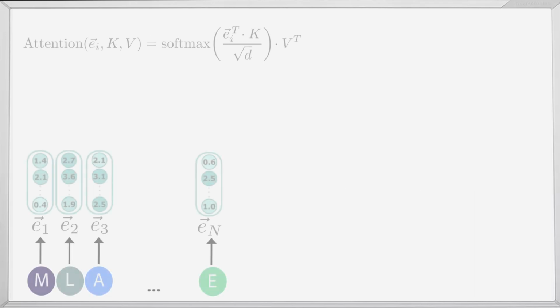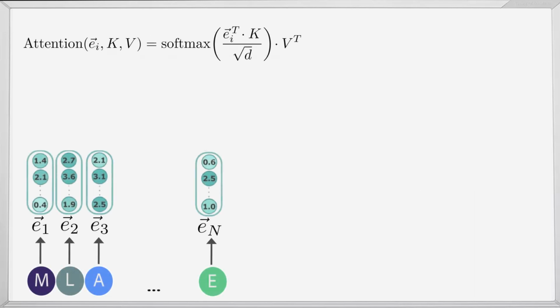You see again the definition for updating embedding vector Ei using the attention function. The input of this function is the vector Ei itself and the matrices K and V, which contain in their columns all the embedding vectors E1 to En, which means they contain information about the whole input sequence.